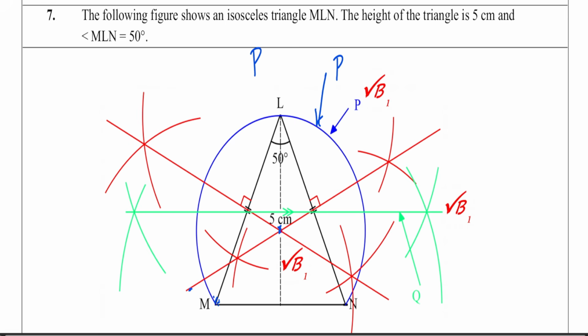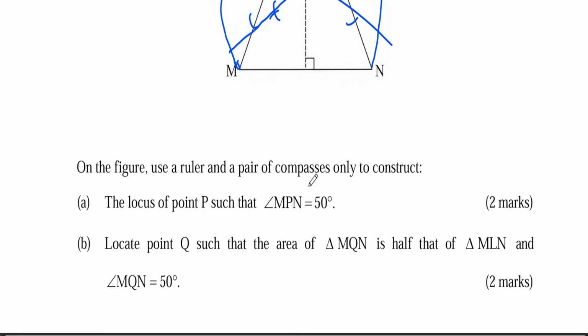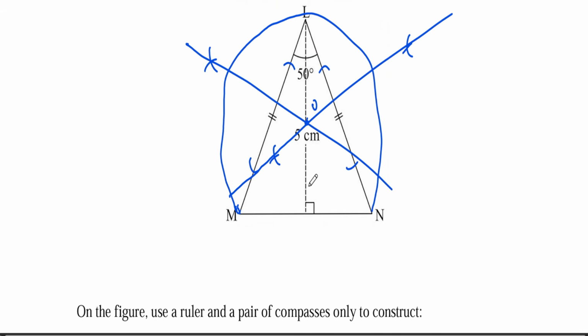Now let's head back to the other question. For question B, umeambiwa locate point Q said that the area of MQN is half that of MLN and angle MQN is equal to 50. Sawa, umeambiwa hile angle ni 50 degrees, so most probably your Q is somewhere here.